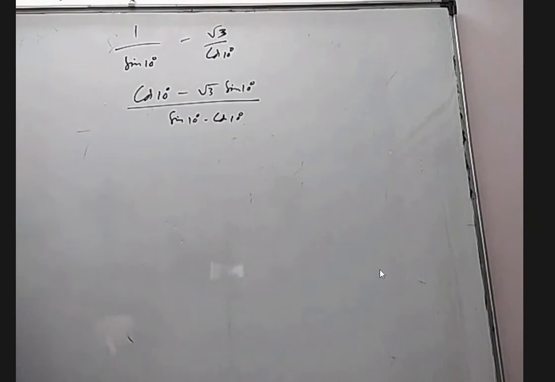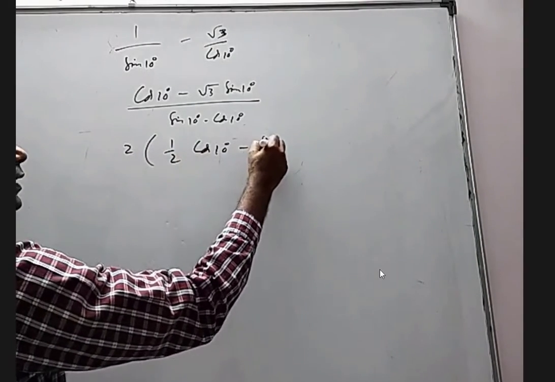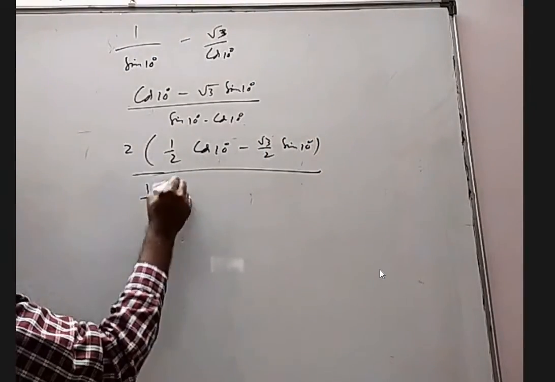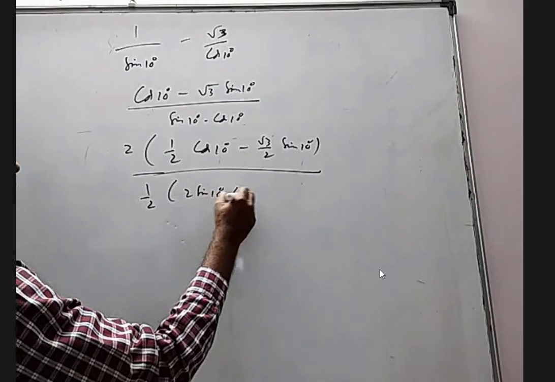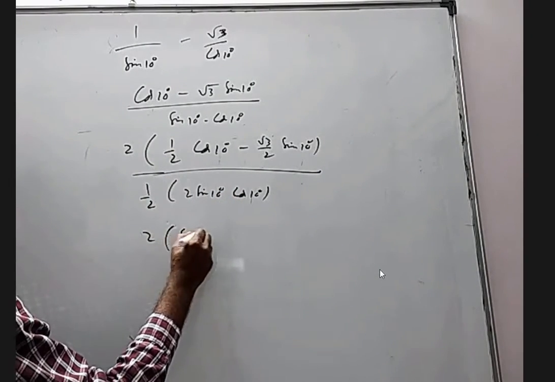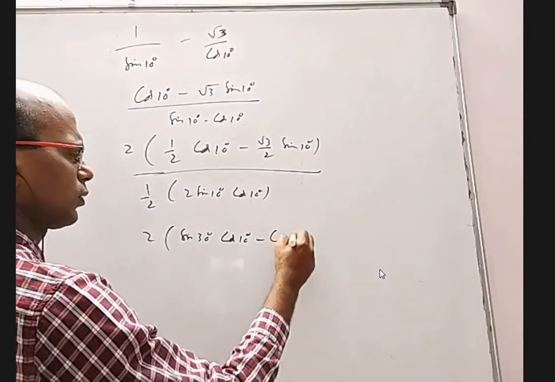You can multiply and divide with 2. 2 into half of cos 10 minus root 3 by 2 sine 10. Here you divide with 2 and multiply with 2, you will get 2 sine 10 degrees cos 10 degrees. This 1 by 2 I can write as sine 30, and this root 3 by 2 you can write as cos 30.